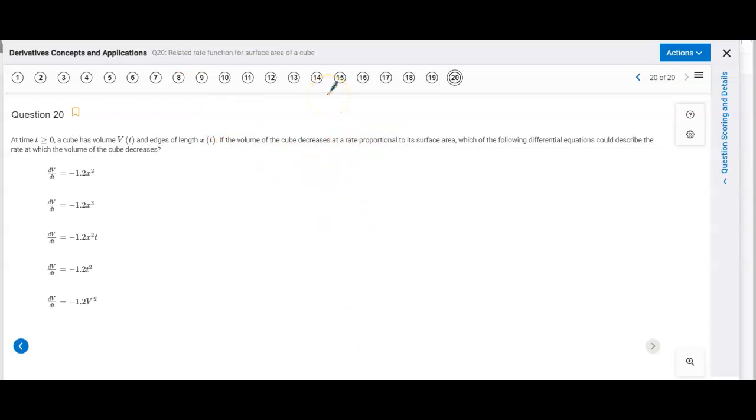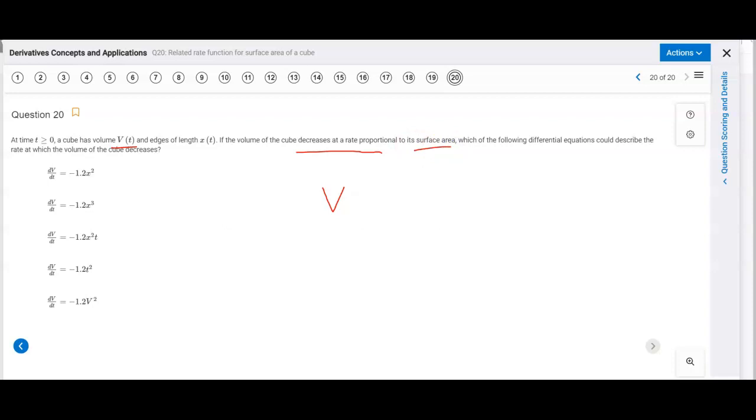Okay, so we have volume, and it says that the volume of the cube is decreasing at a rate that's proportional to its surface area. Now, how do you find the surface area of a cube?